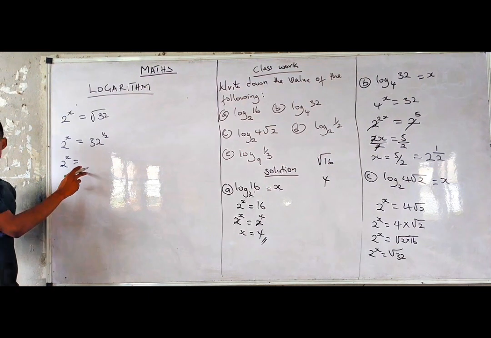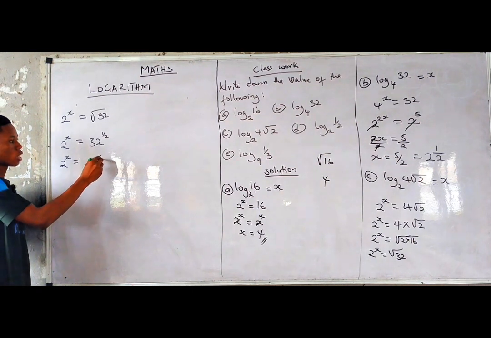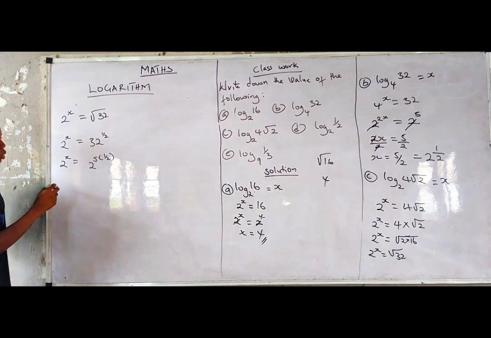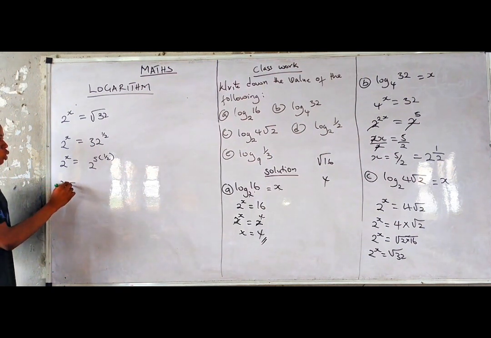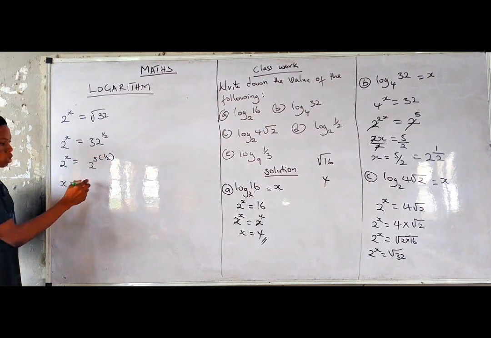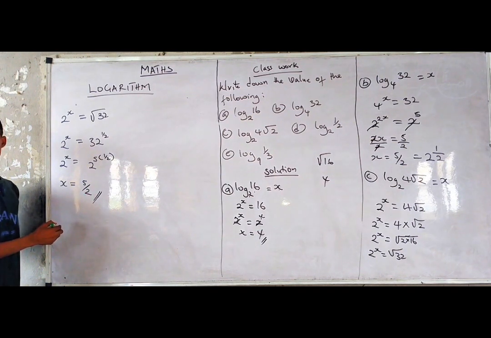Let's bring it to the base of 2. 32 is the same as 2 raised to power what? 5, right? And we already have 1 over 2 up here. So we'll be having x is equal to what? 5 times 1 is 5 over 2, right? 5 over 2. How many of you got it?